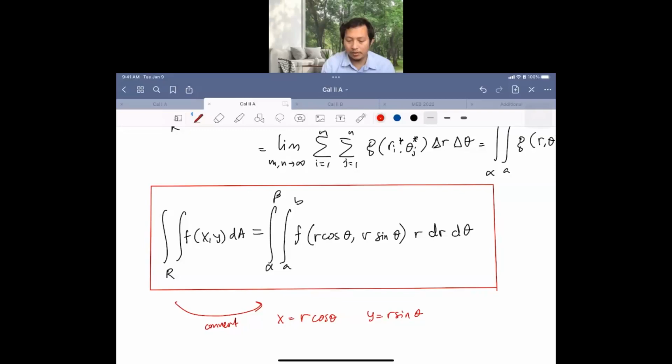And the important thing is, don't forget this r. You need to multiply by r. We have another proof later, I think at the end of section 15.8 or 9, of why this r should be there, and we can prove it later on.